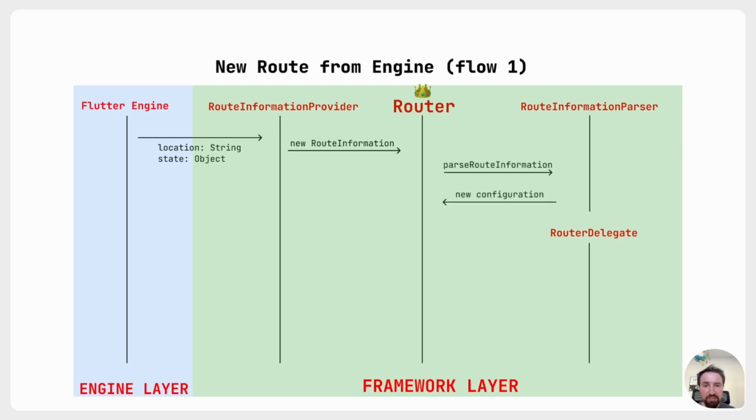Then the Router widget asks the parser component to parse the RouteInformation object and return a configuration object. This configuration object is a user-defined data type, and it will be used to represent the app state. After receiving the configuration object, the Router widget calls the RouterDelegate to set the new route path and build a Navigator widget accordingly.